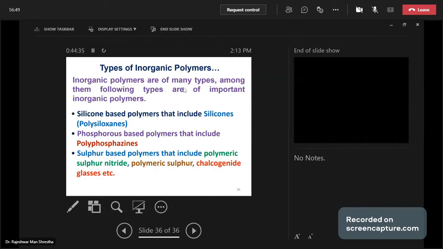And sulfur-based polymers include polymeric sulfur nitride, polymeric sulfur, and sulfur glasses.